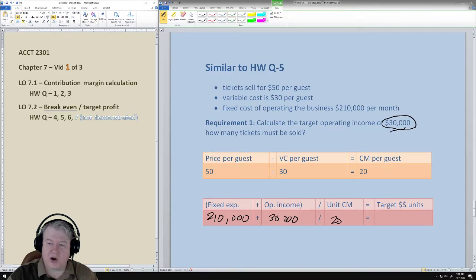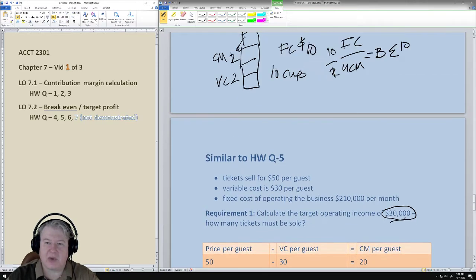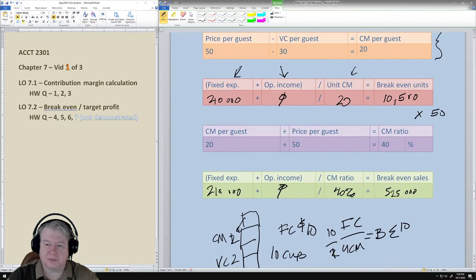And to earn 30,000, we'd have to have 12,000 units, and then we'd multiply that to figure out how many dollars if we wanted to do that.